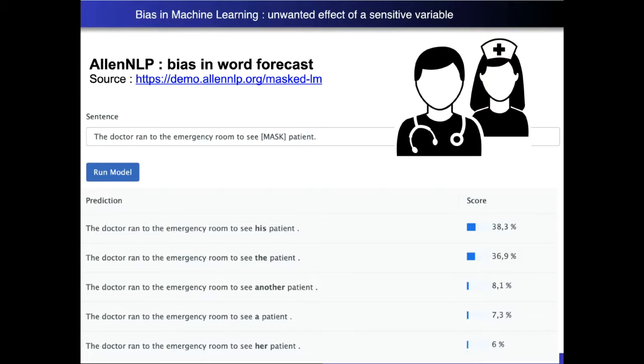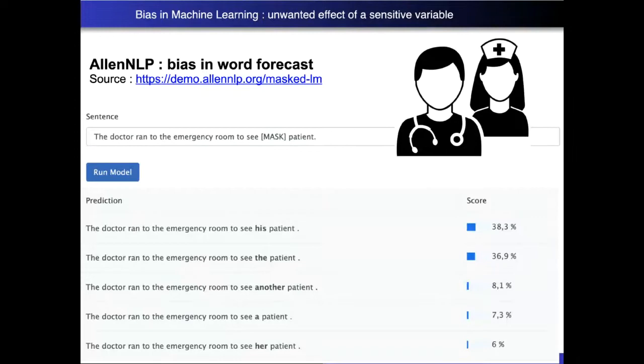So it means that you have gender bias. It means that when you forecast, you use a variable, here the gender, which we call a sensitive variable, to make a forecast. And this is a common type of bias that you have in machine learning.